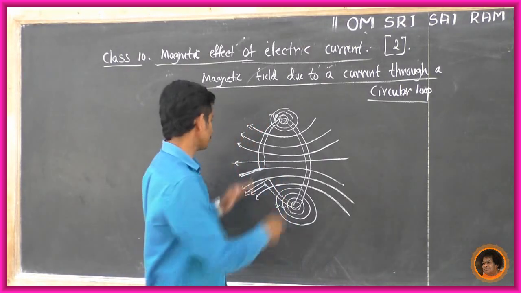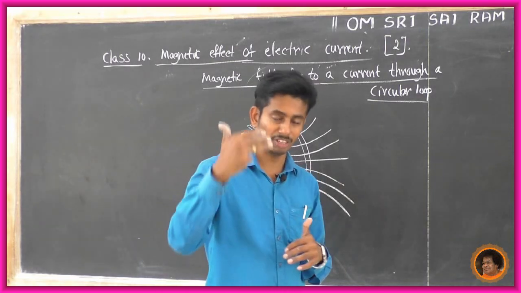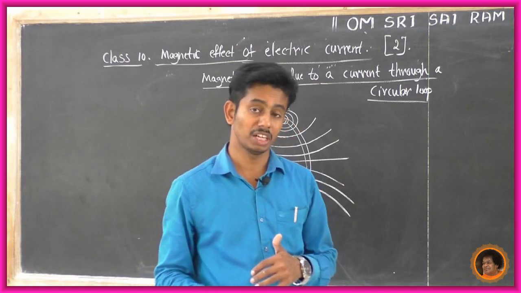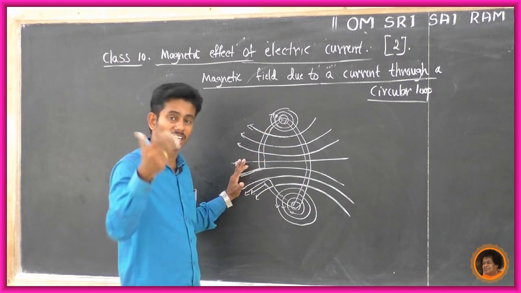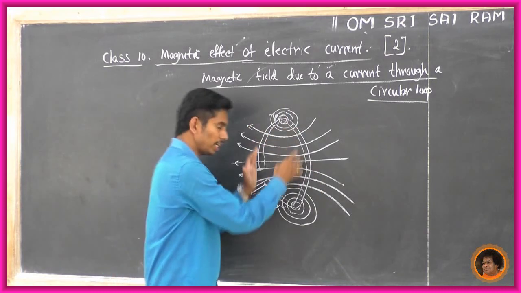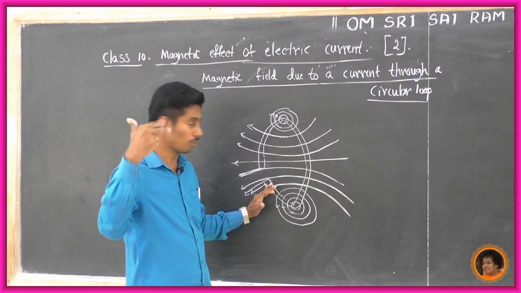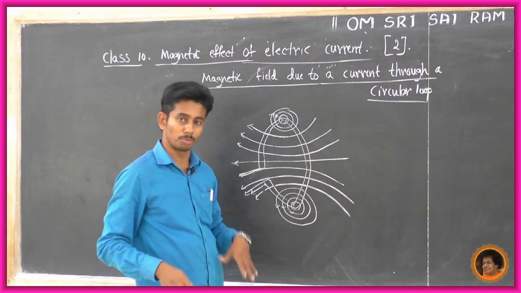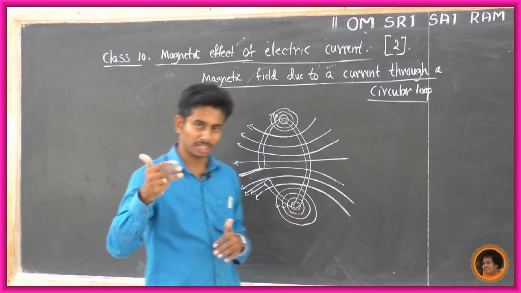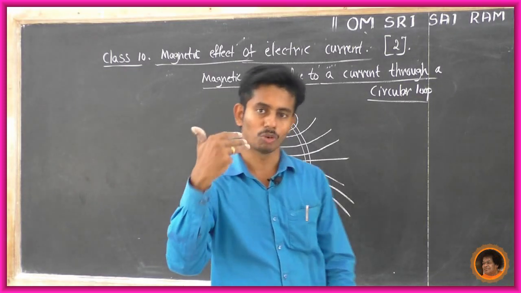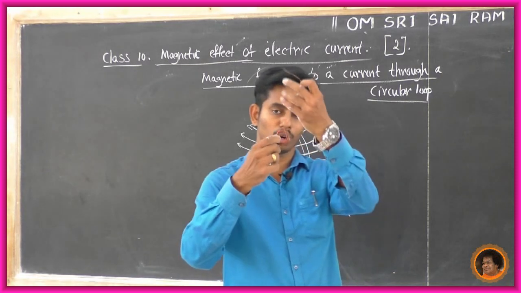Now one idea. Now only one circular loop. If we increase the number of turns, then we get many more magnetic field lines. Why? Now only one turn. If we increase to 4 turns, 4 circular loops, 4 coils, the magnetic field also increases 4 times. So that requires a greater number of coils.